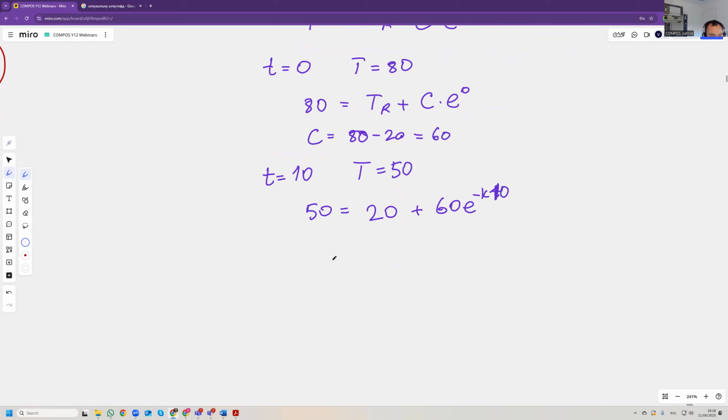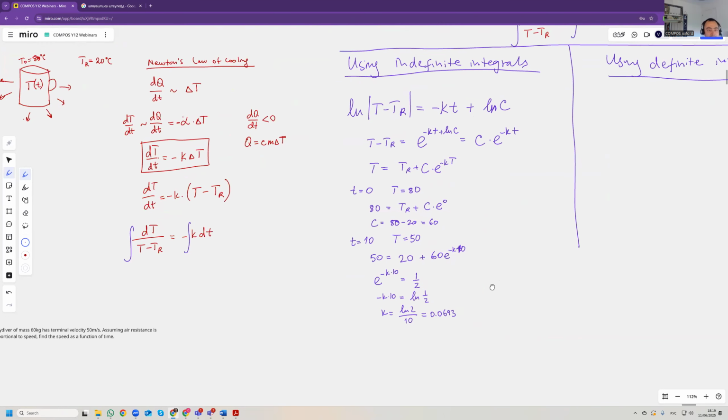So we have 30, 1/2 equals e to the power minus k times 10, so minus k times 10 equals logarithm 1/2. k is equal to logarithm 2 divided by 10, which is 0.06, I'm guessing. Logarithm 2 divided by 10. 0.0693.